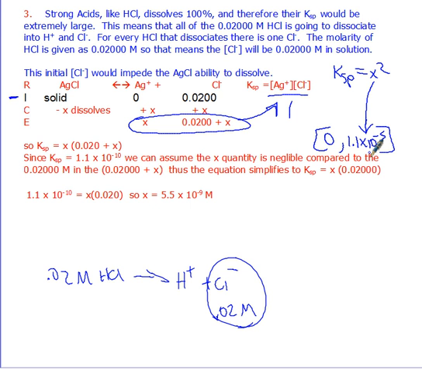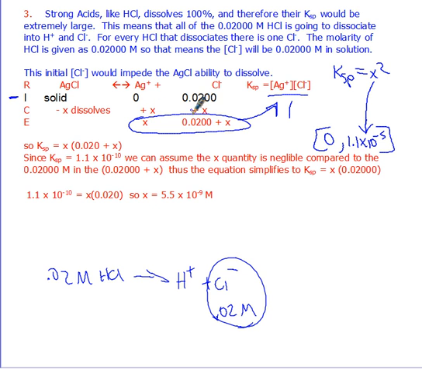And the third method is a realization kind of method, that if Ksp is this small, it's not going to be able to shift very far to the products before we achieve this value. We're going to get tiny little values for x.